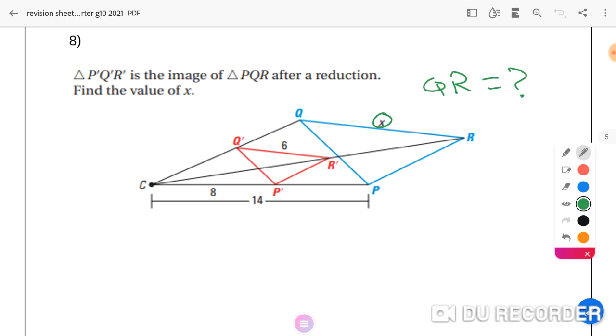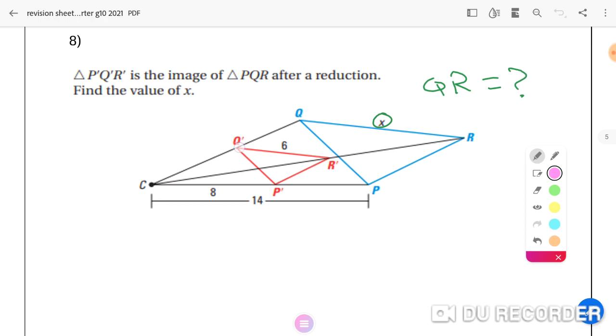And here we're given the length of this side equals 6, and its corresponding side, which is QR, which is required to be found.